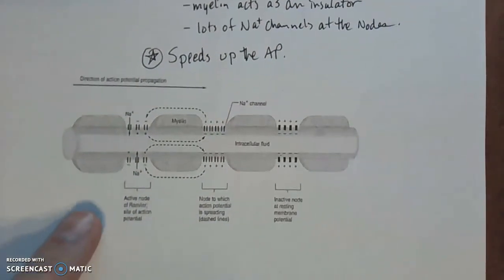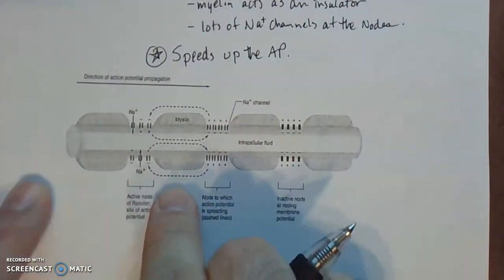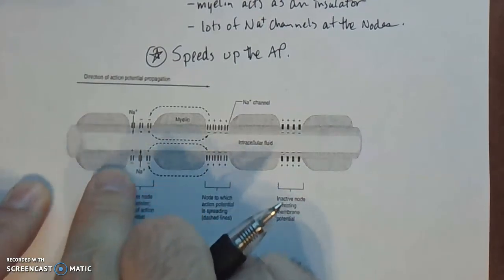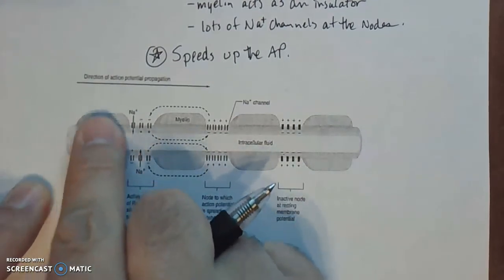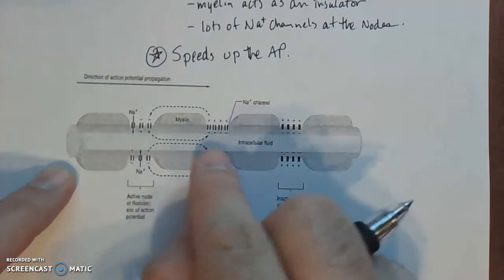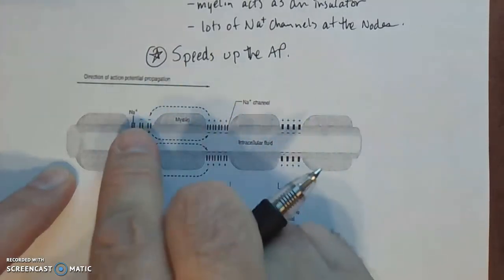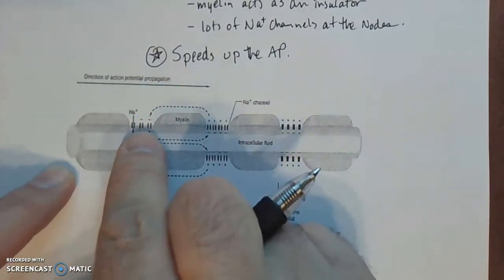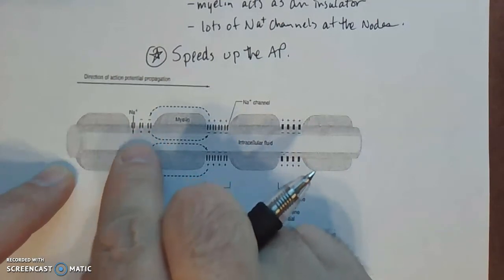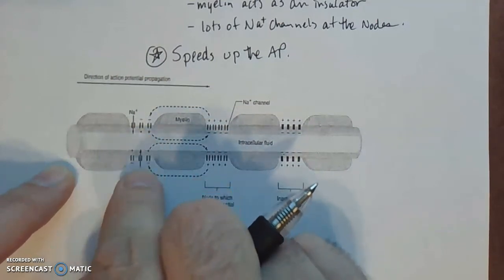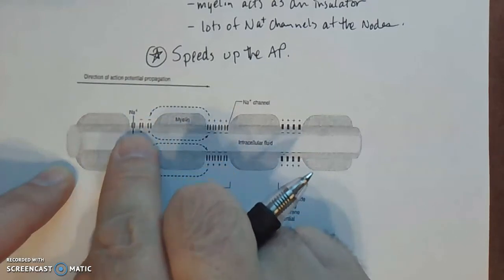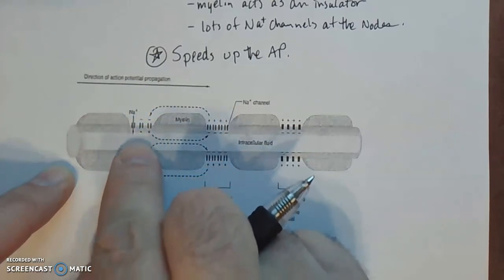So here's a diagram that shows what is going on. So remember that this myelin wraps around the axon, but then every so often we have these nodes. These nodes are places where the myelin does not cover it. So this is where we have a concentration of sodium channels. So the sodium can rush in, which causes the action potential to generate here.